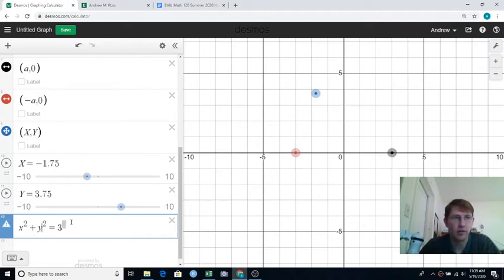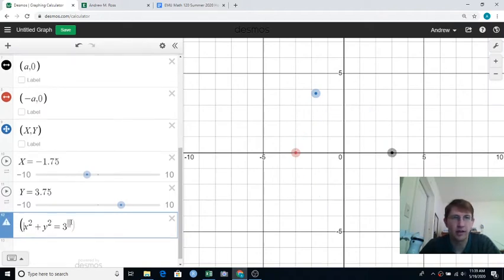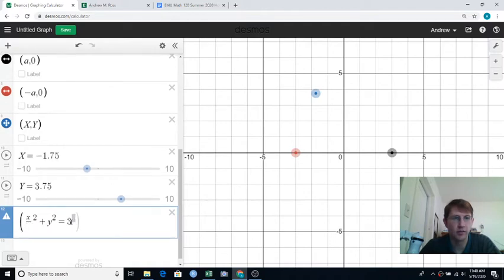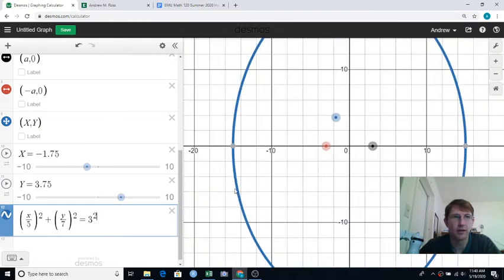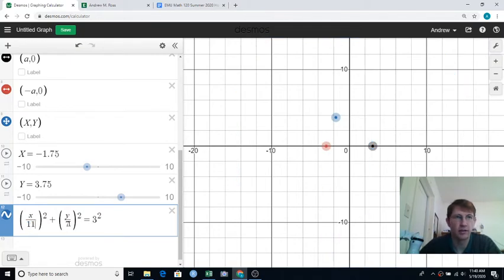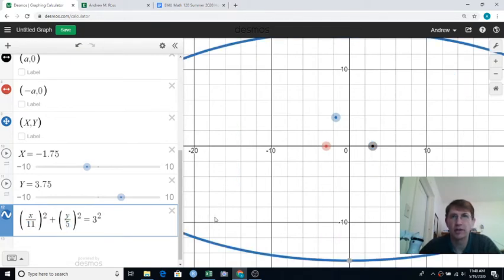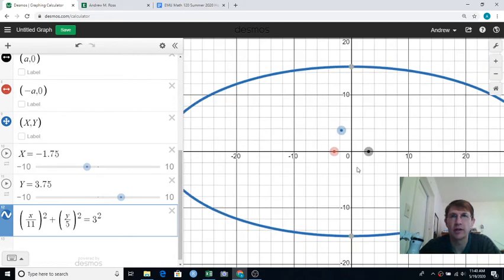You might remember you can scale x. So you can do like x over 5, squared, plus y divided by, I don't know, 7, squared, equals 3 squared or something. And that gave us an ellipse. We can change the scaling here. Let's use 11 and 5 to make it an ellipse the other way.